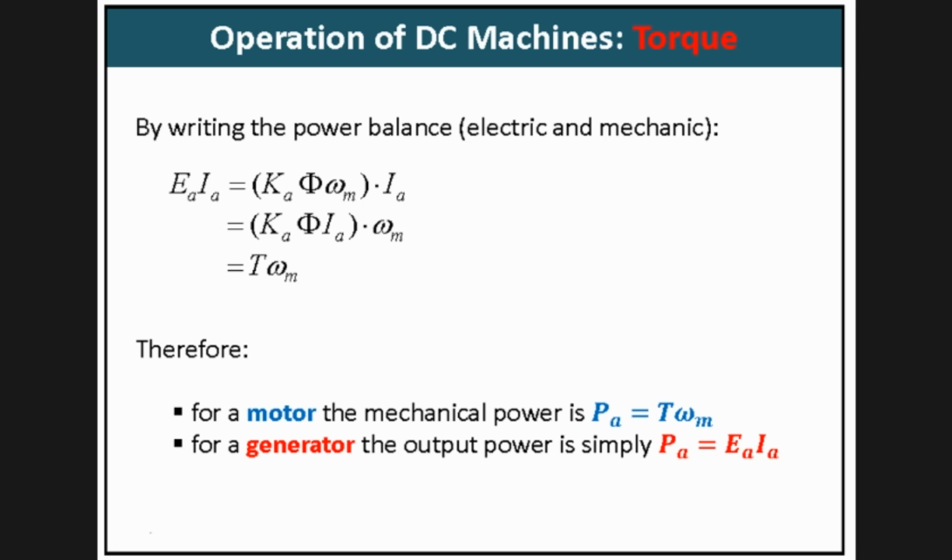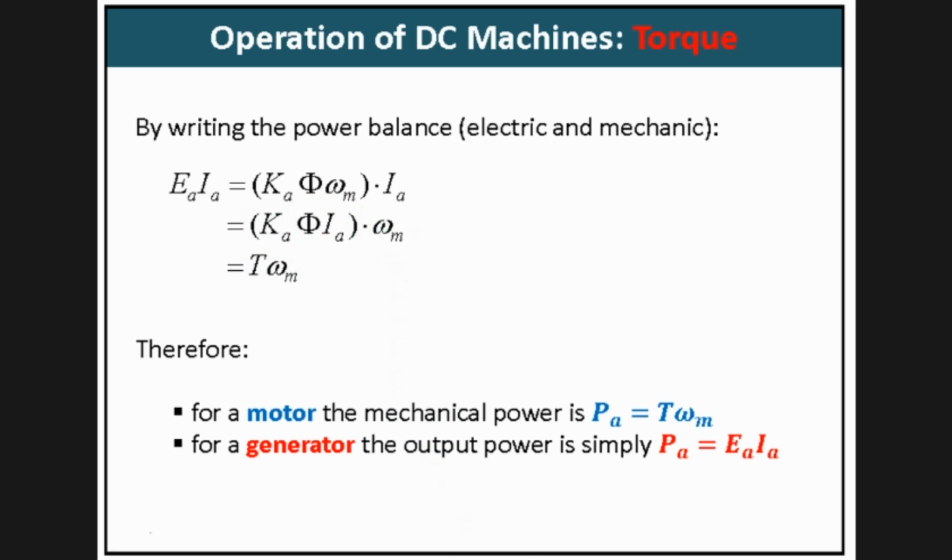So this part is the total torque, and this is the omega m. So this side is like mechanical power that we get from the motor running at omega m speed, and this is the electrical power that we are supplying to the motor, right?